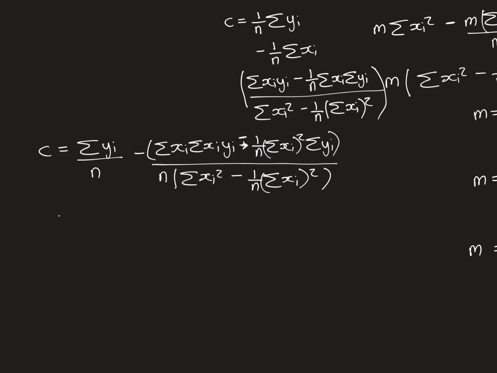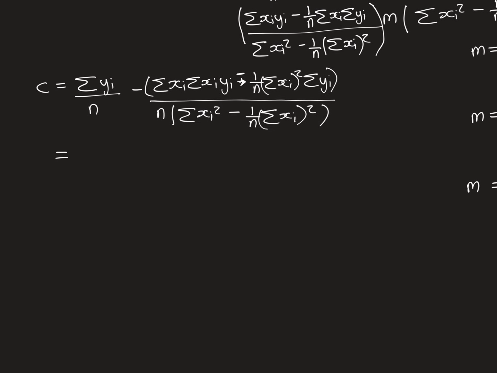Gosh. So let's multiply top and bottom here by this thing so that we've got them both over the same denominator. So multiplying out, we'll have sum of yi times the sum of xi squared minus 1 over n times the sum of the yi, sum of the xi squared.